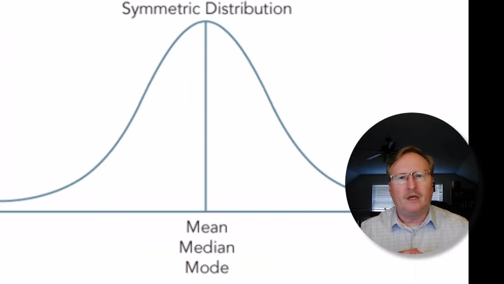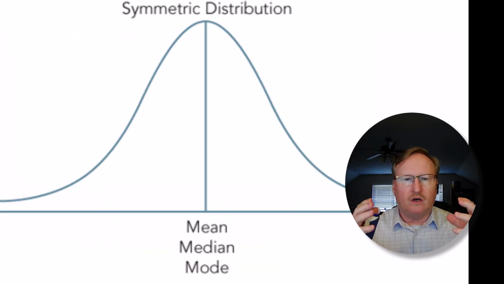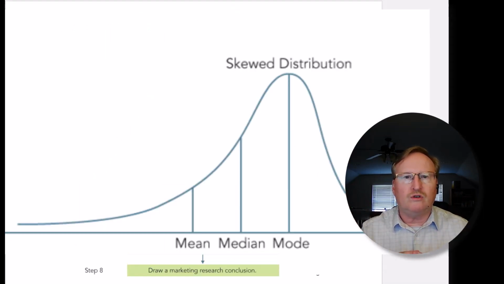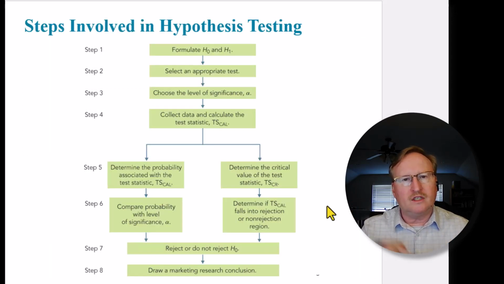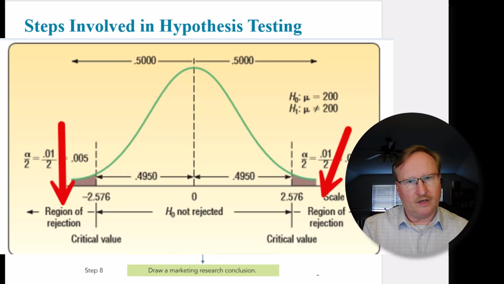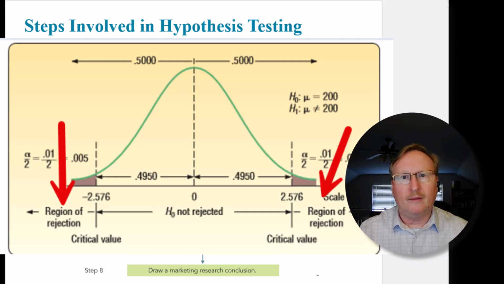And the normal curve or non-normal curves, skewed curves, these are distributions, but it's basically a histogram or some type of a chart that has all the data in it, right? And we're going to slice it up, and we're going to say, if my calculated statistic from step number 4 falls into a rejection region, I'm going to reject the null hypothesis.